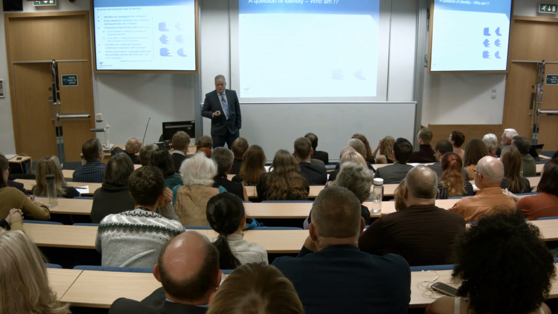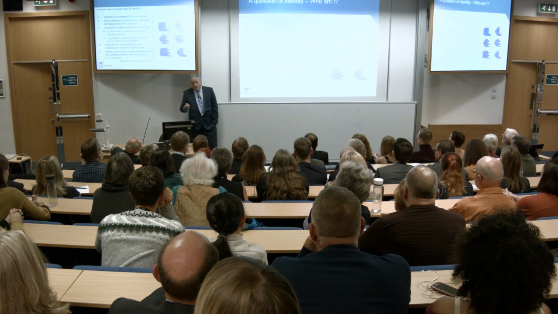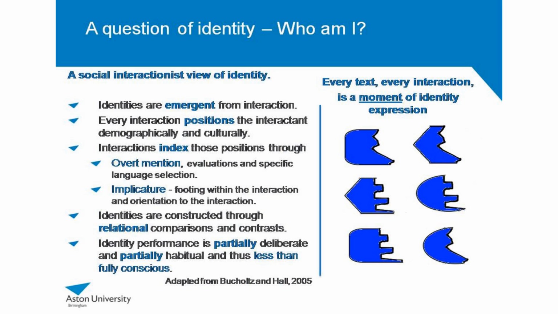We've already seen that to some degree. Also, every interaction that I am engaging in positions me. It changes me. We get these different shapes of me. And the nature and content of the interaction can signal those positions. They can tell us who someone is.